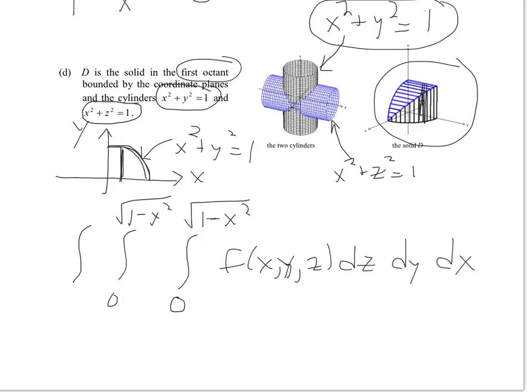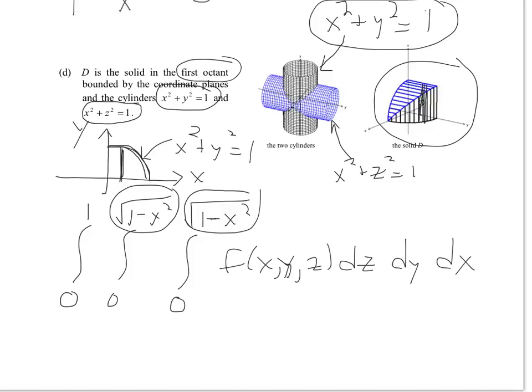And then collect up all such line segments from x equals 0 to x equals 1. So this is kind of an interesting one in which the upper limit in z and the upper limit in x happen to be exactly the same expression, and there's no rule that prohibits that from happening.